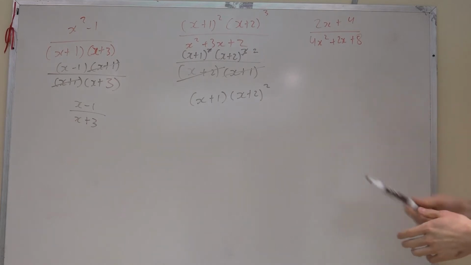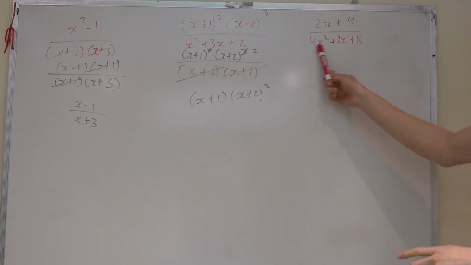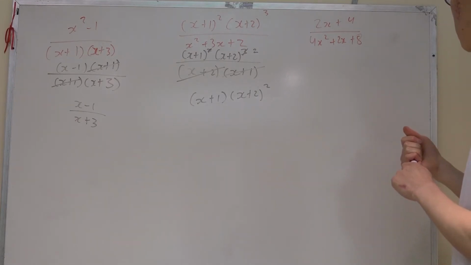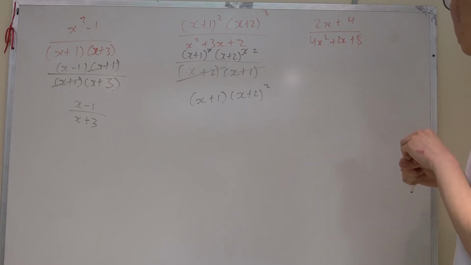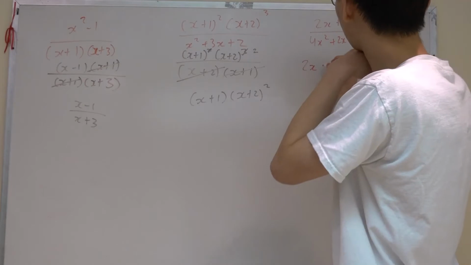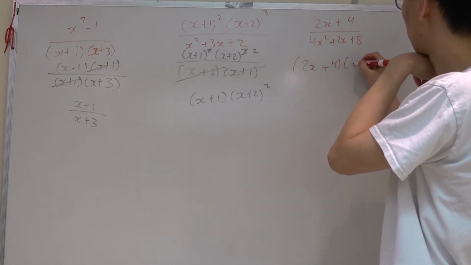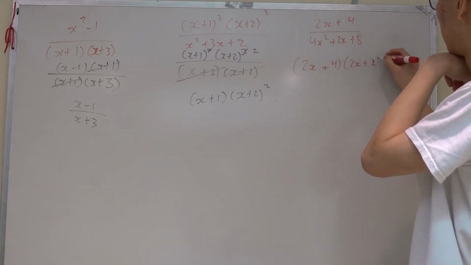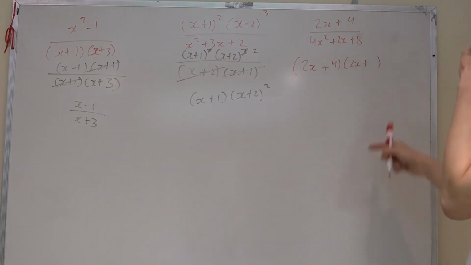Okay, this one, a little tricky, and your first instinct might have been to try and factor this one. In which case, what would you have come up with? Let's see. Well, I believe you come up with 2x plus 4, and then there's another 2x plus 1, I think.